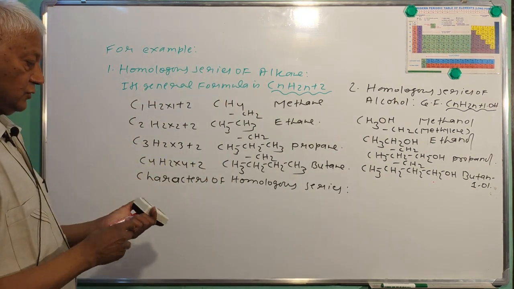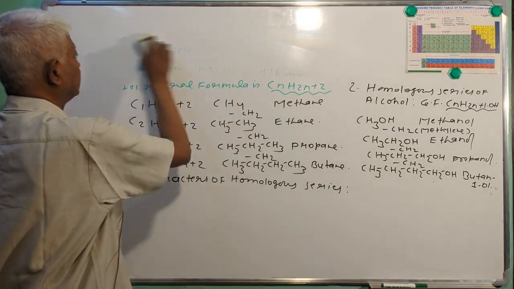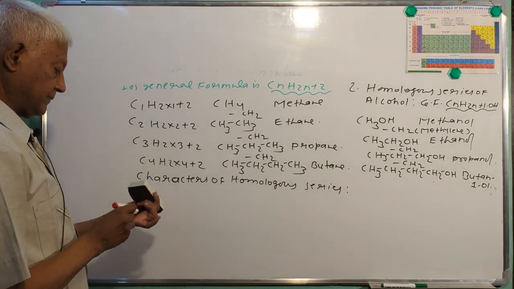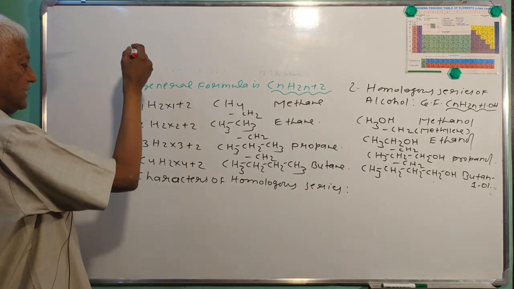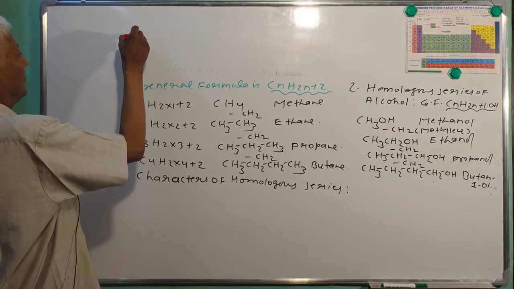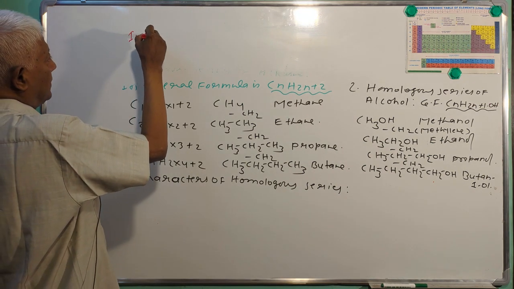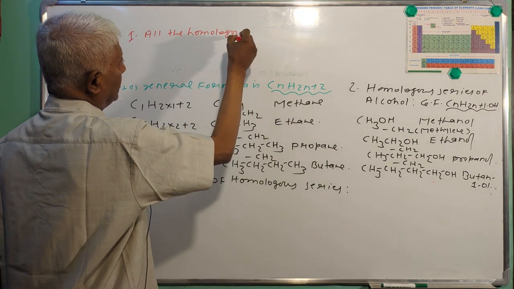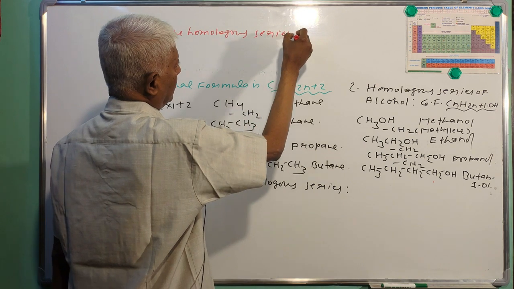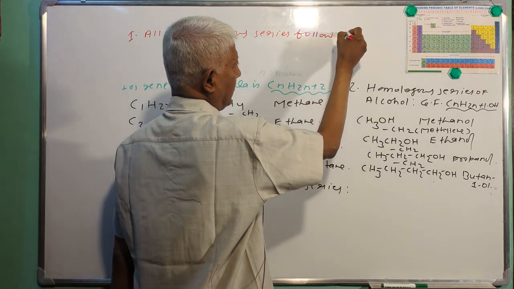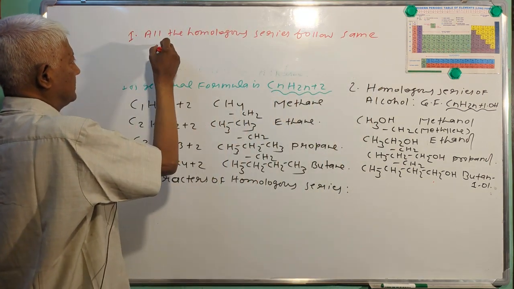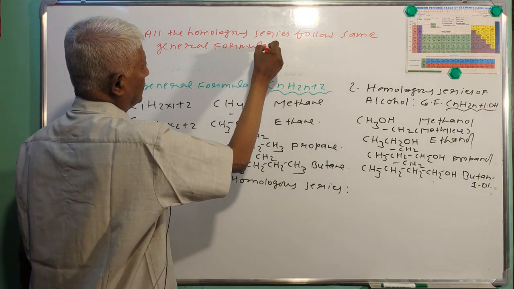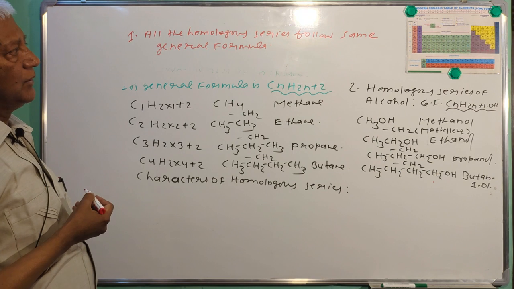So the first character of homologous series: all the homologous series follow the same general formula. So the first character is that all the homologous series follow the same general formula.